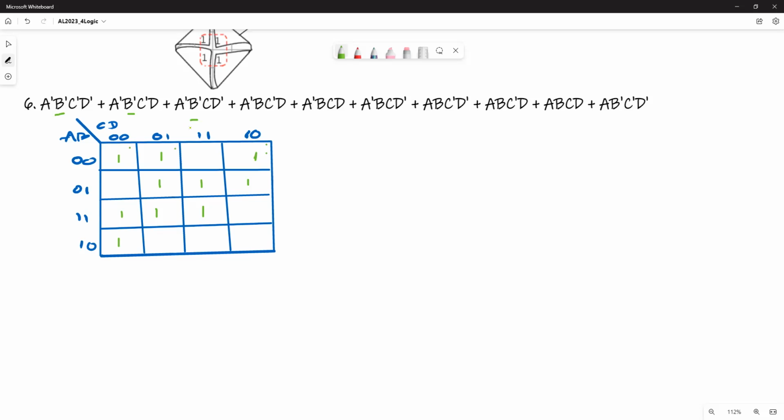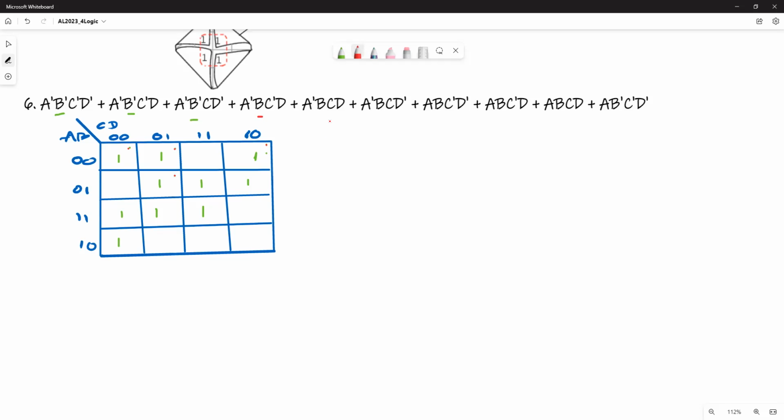So we have done the first three terms in the first row. Next one, we have A dash B, that is 0, 1 here, then C dash D, again 0, 1. So that means this one, right? I put red dots. This is red, this is red, this is red, and this is red. That is the fourth one.